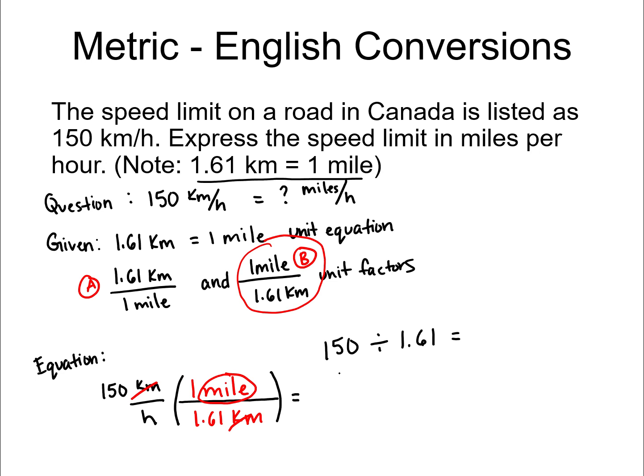Anybody get an answer? What does your calculator say? Yeah, so the calculator says 93.167 blah blah blah. We can only have 2 sig figs because the 150 kilometers per hour only has 2 sig figs.